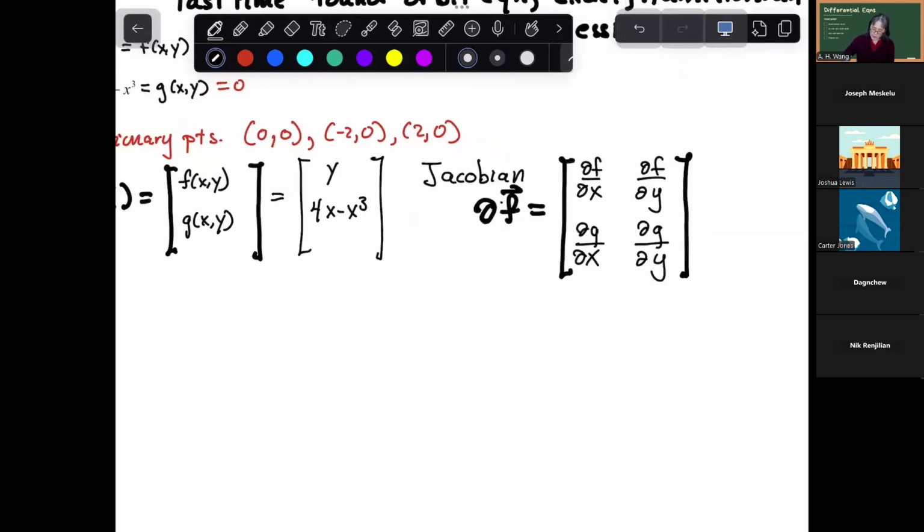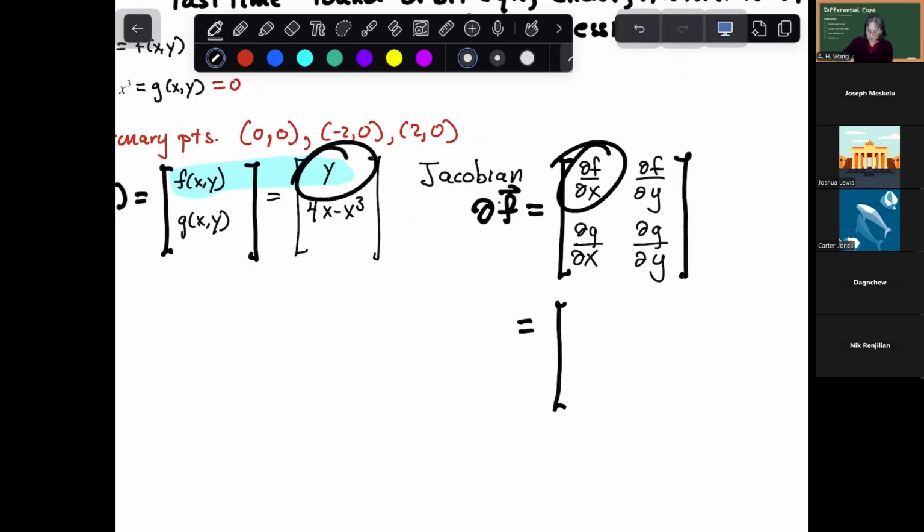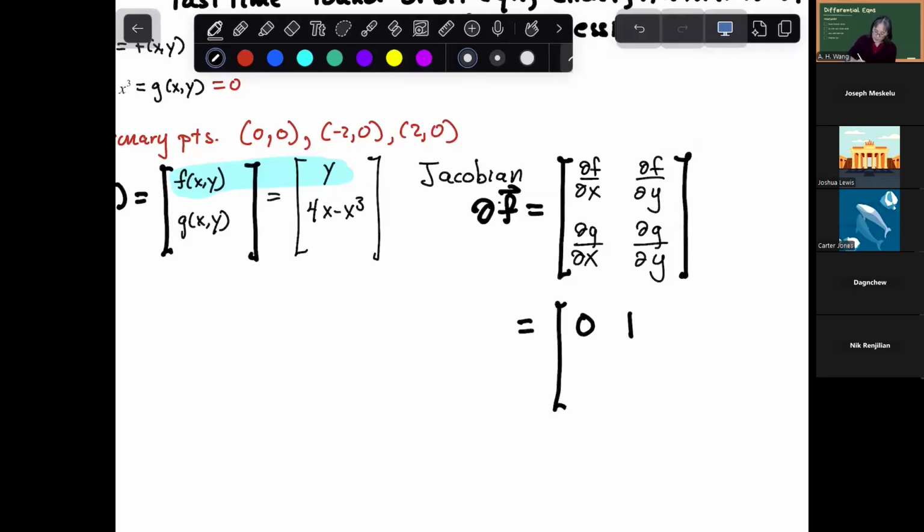Let's look at this guy. What is the derivative of that with respect to x? 0. What is the derivative of this with respect to y? 1. Good.